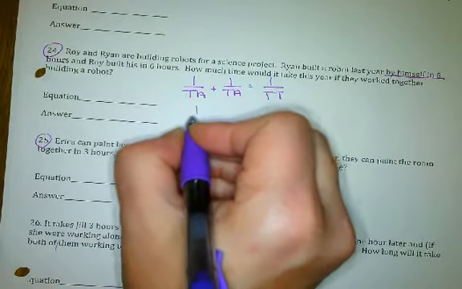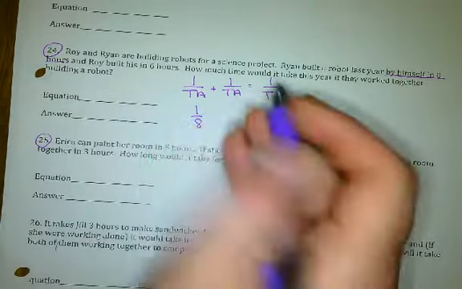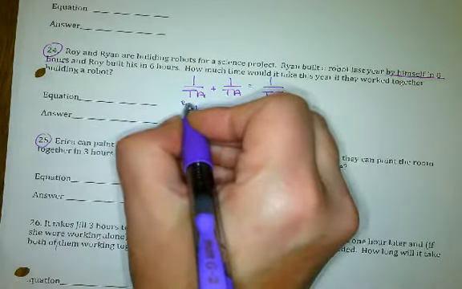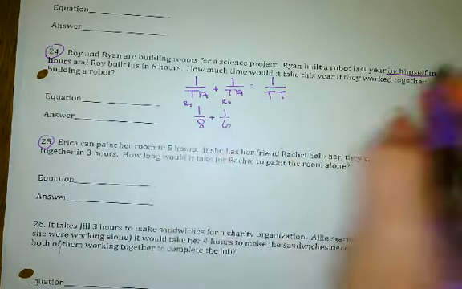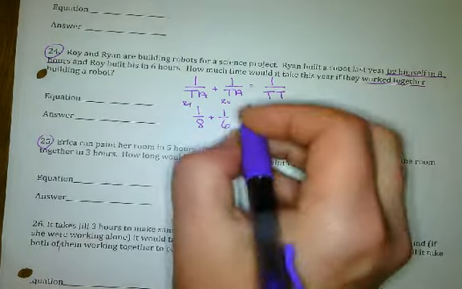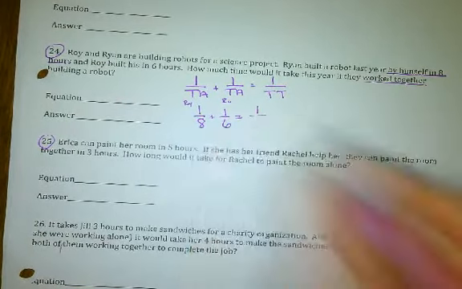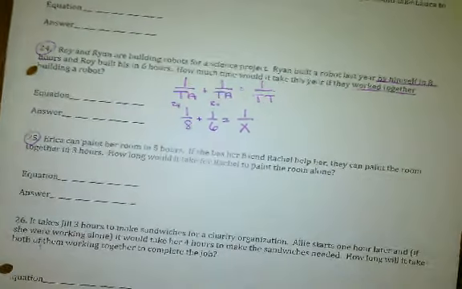Okay, so this can be Ryan, so 1 over 8. And Roy built his in 6 hours. So this is Ryan, and this can be Roy, so 1 over 6. How much time would it take this year if they worked together? Well, I don't know their time together. So when we don't know things in algebra, we put an x.